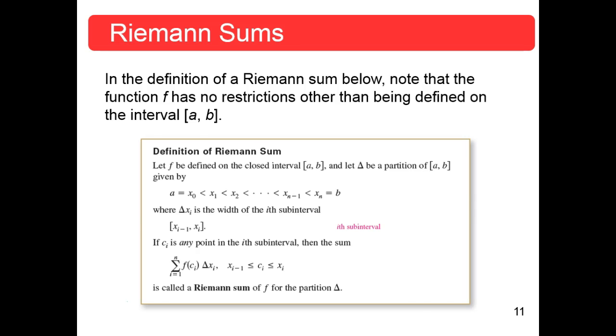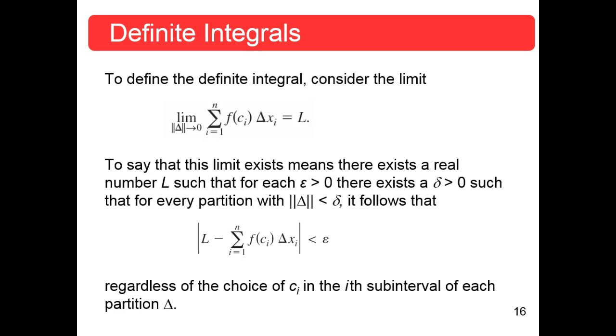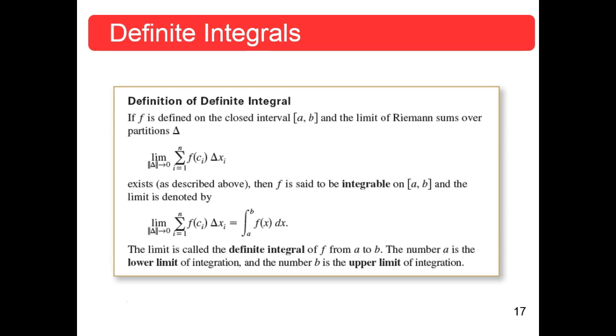That changes to the low i's give you the a, the upper i's give you the b. Think of it that way. f of x dx. The limit is called the definite integral of f from a to b. You're integrating over that entire region a to b, including the endpoints. The number a is the lower limit of integration, the number b is the upper limit of integration, just like we saw in our intervals.